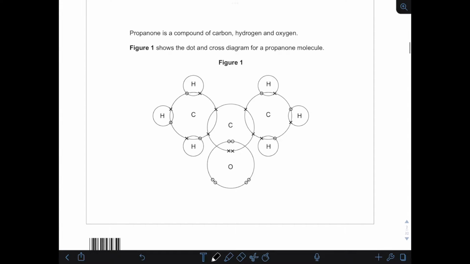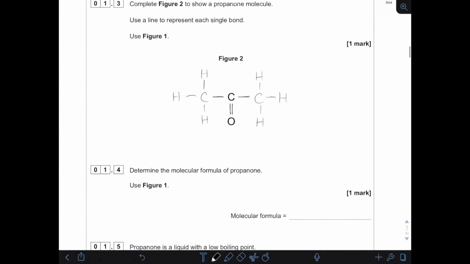And you can double check here, we have 1, 2, 3 hydrogens on each carbon, and each shared electron pair is 1 single bond, right? So there are 3 bonds coming out of the carbon, and we have 1 bond coming from carbon to carbon, and that should fit this description down here.